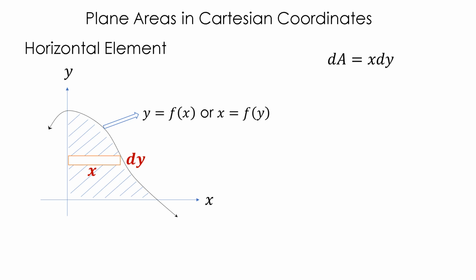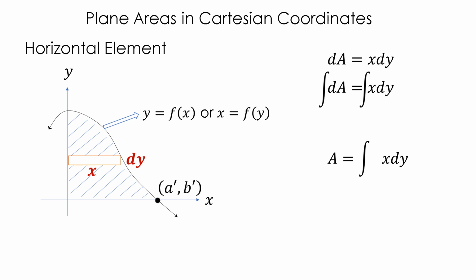X is the length and dy is the width. If we integrate both sides of the equation, it will give us the area, or A is equal to the integral of x dy. Considering this point, whose coordinates will be equal to A prime, B prime.